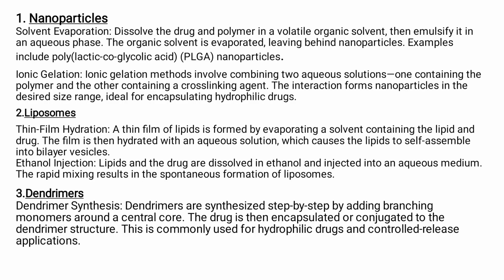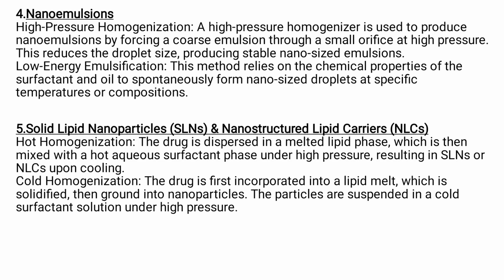Then dendrimers. We synthesize the dendrimers step by step by adding branching monomers around the central core. Drug is then encapsulated into the dendrimer structure. This is commonly used for hydrophilic drugs and controlled release applications. Then nanoemulsions. We use a high pressure homogenization method for nanoemulsions, and for solid lipid nanoparticles we use hot homogenization and cold homogenization methods.